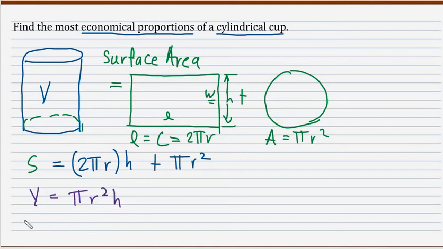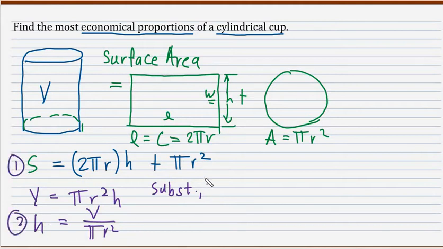If we solve for h, because r has a square so it's simpler to solve for h, then h is equal to V over pi r squared. Let's say this is our equation 1 and this is our equation 2. We substitute to equation 1, which is the surface area.